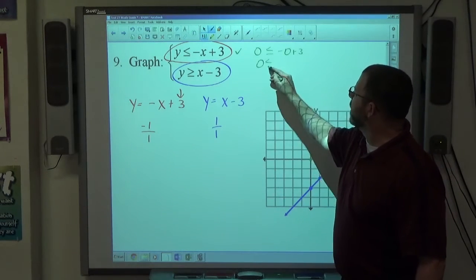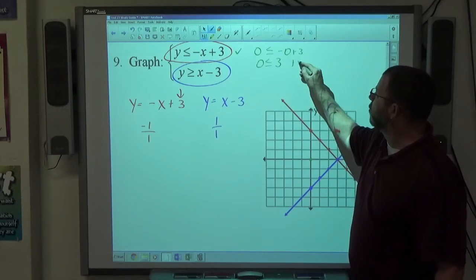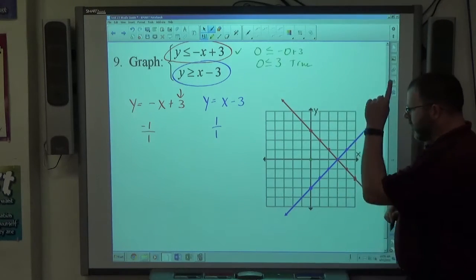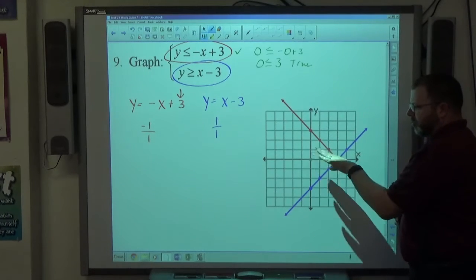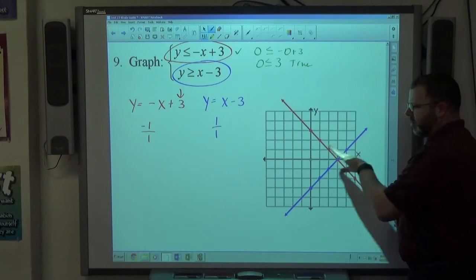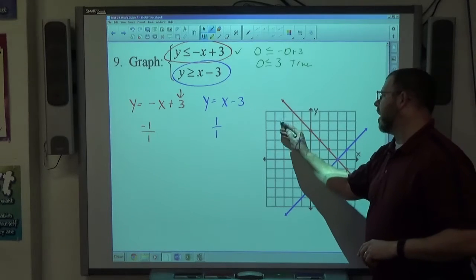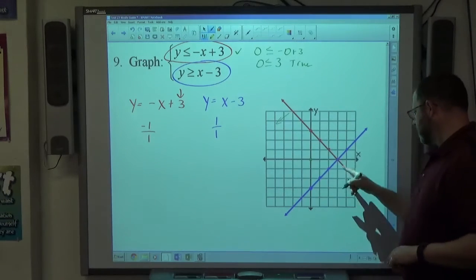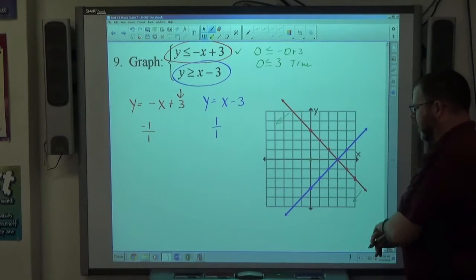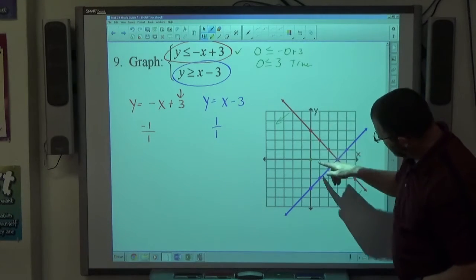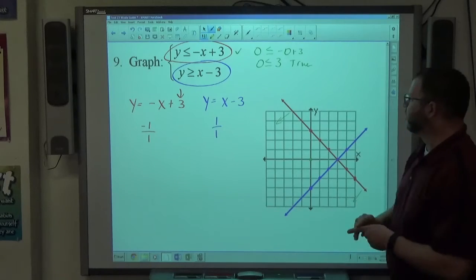That's 0 is less than or equal to positive 3, which is always true. So for the red graph, which is this red line, this point's true. The truth is on this side of the red line. So for the red line, I'd be shading this direction on that side of the blue line, and this direction on this side of the blue line. So here's my red line. There's the truth. The truth is that way.